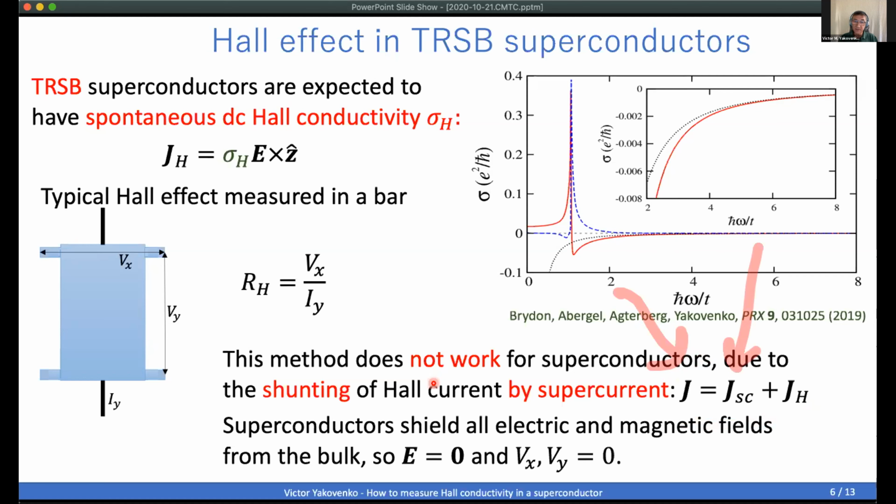But also, if somehow the material happened to have a non-zero electric field, if it managed to penetrate somehow, then if this material breaks time reversal symmetry spontaneously, then generally it is permitted by symmetry to have a non-zero Hall coefficient. So that means once you have an electric field, you would have a perpendicular current.